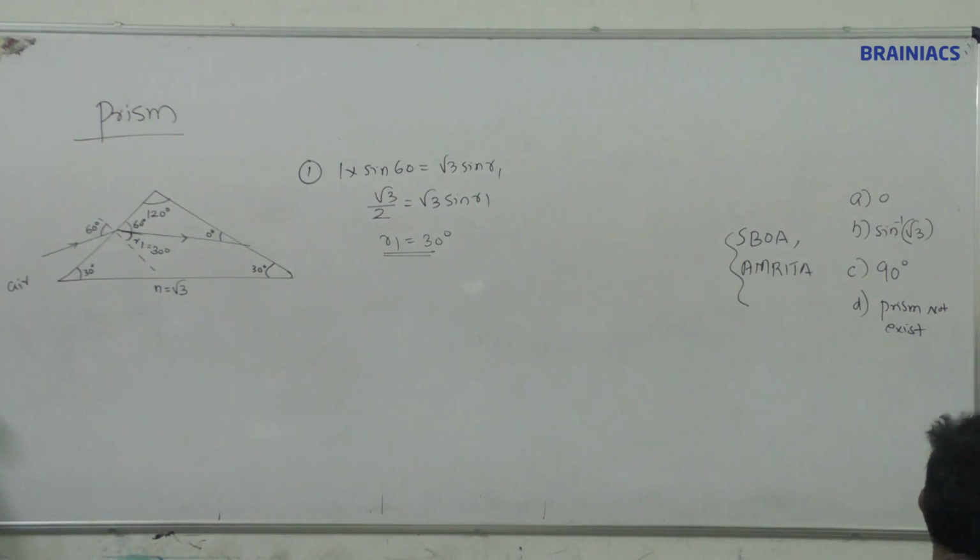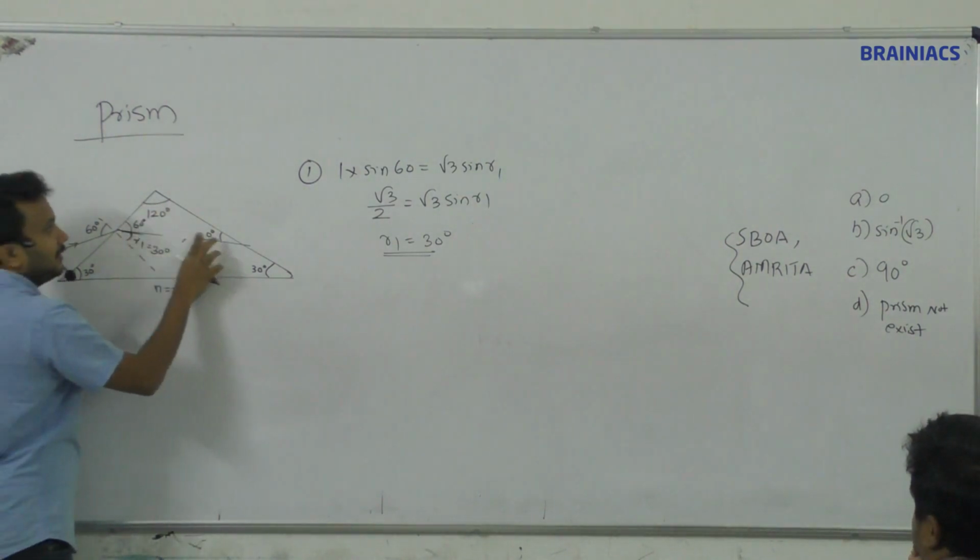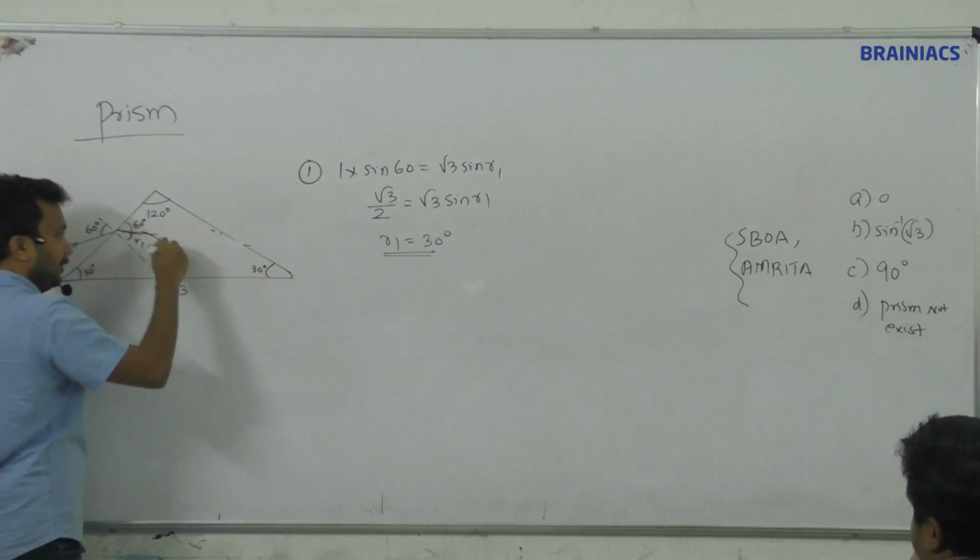This angle 0 will not come. This means the ray is not going here. The ray will go here.